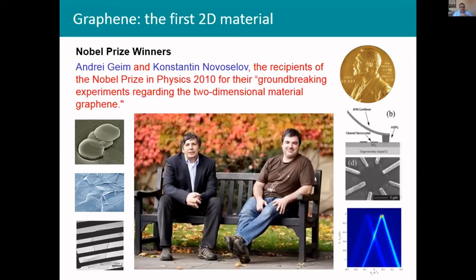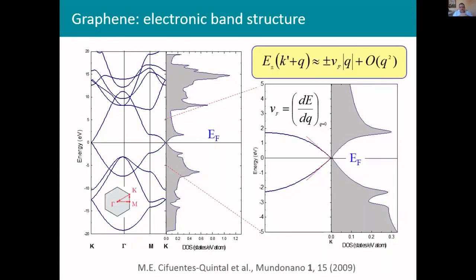And after all these studies, they received the Nobel Prize in 2010. And one of the most interesting features of graphene is the electronic structure, because many of these anomalous or spectacular properties come from the linear relation in the band structure.